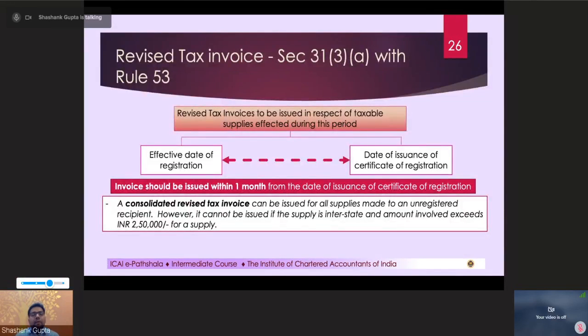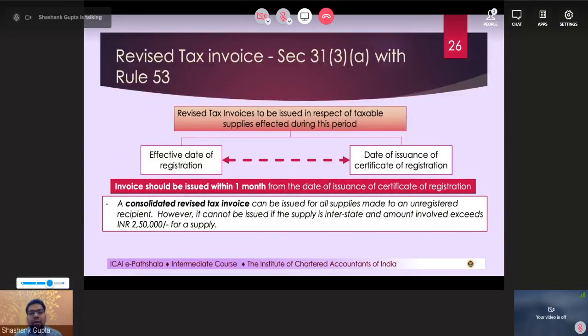Now, talking about revised tax invoice. Generally a tax invoice can never be revised.